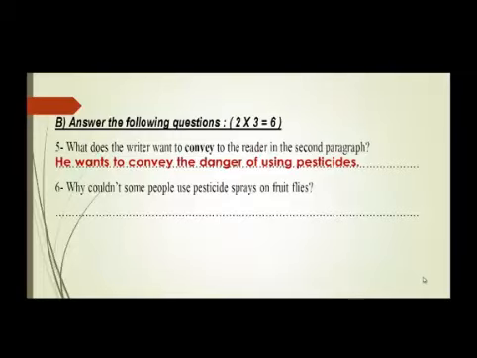Why couldn't some people use pesticide sprays on fruit flies? Depending on your understanding of the text, you should write your answer. Because it is unhealthy and may cause them diseases. That's why.